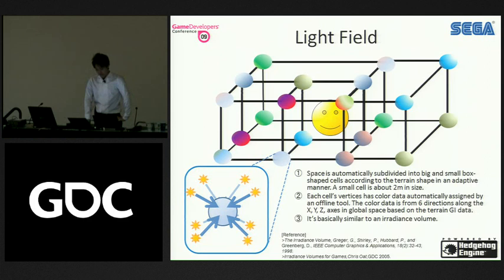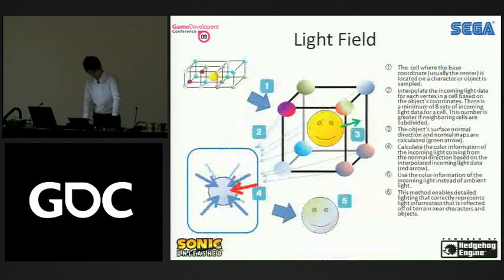Each cell's vertices has color GI information data that is automatically assigned by an offline tool, and the XYZ axes in GI global space provide 6 directions, light color data from 6 directions. And basically, this is pretty similar to what is called irradiance volume.